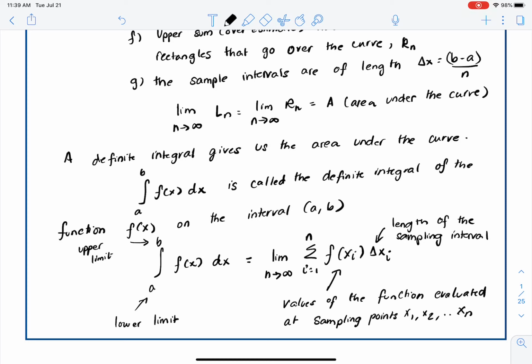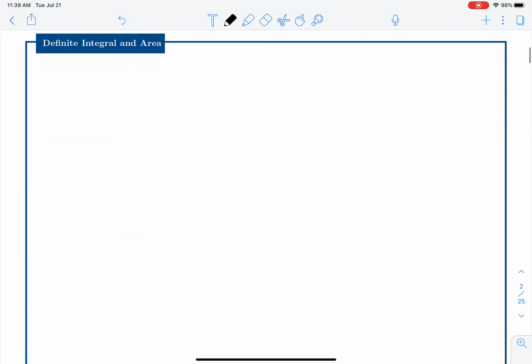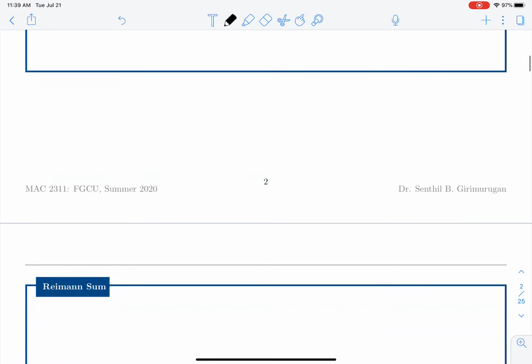And keep in mind that delta xi need not be the same, but we typically assume that the delta xi are the same when it comes to finding a definite integral. So what we know is that the definite integral is directly related to the area under the curve.